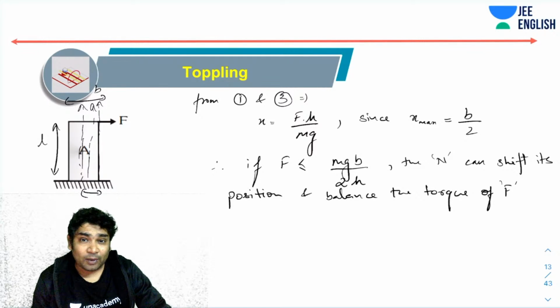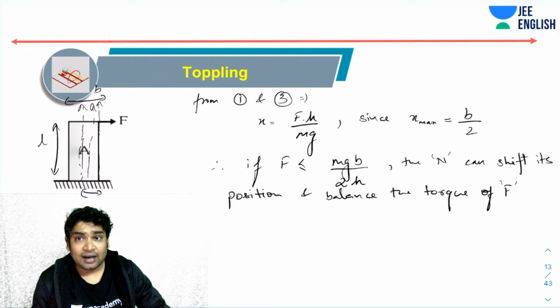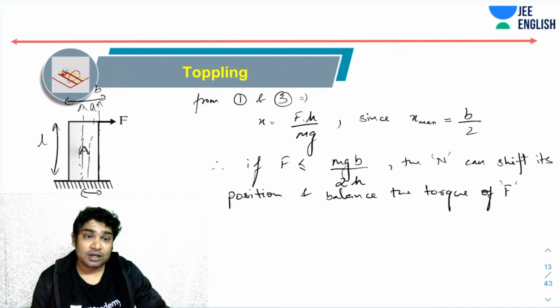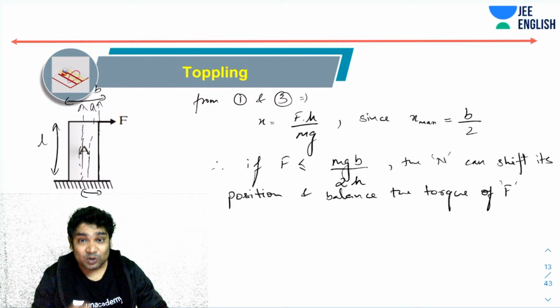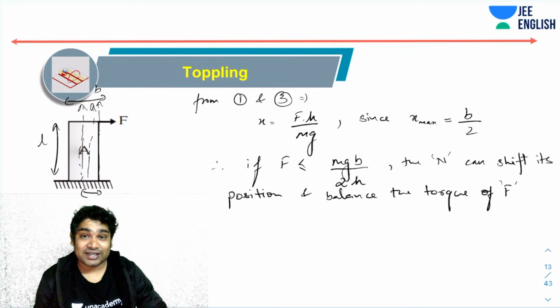So N cannot produce a torque which is greater than N into b by 2. Correct? So if F is able to produce more torque than that, then you see the object topple.